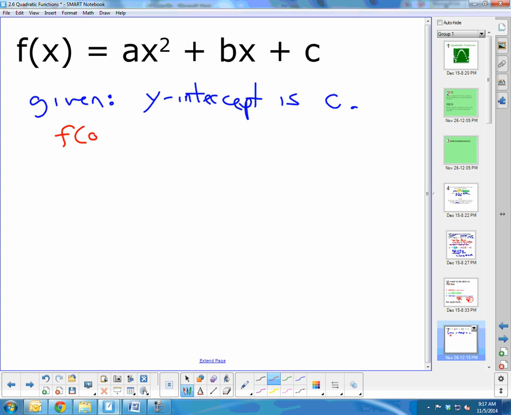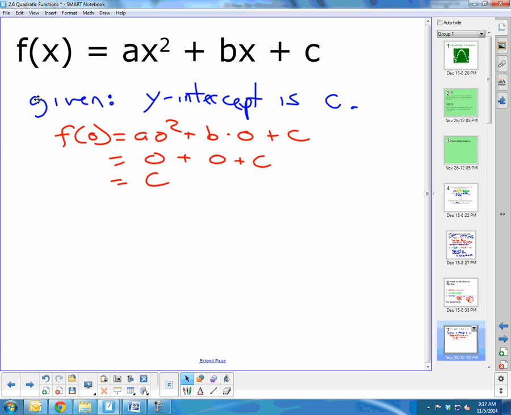So if I wanted to find f of 0, I'd have a times 0 squared plus b times 0 plus c, which would give me 0 plus 0 plus c, which is c. So it doesn't matter what c is. If I'm trying to find the y-intercept for this particular form, I'm always going to get the value of c. So I don't even have to calculate it. For the other values, it can be a little bit trickier. So that information is given to us.